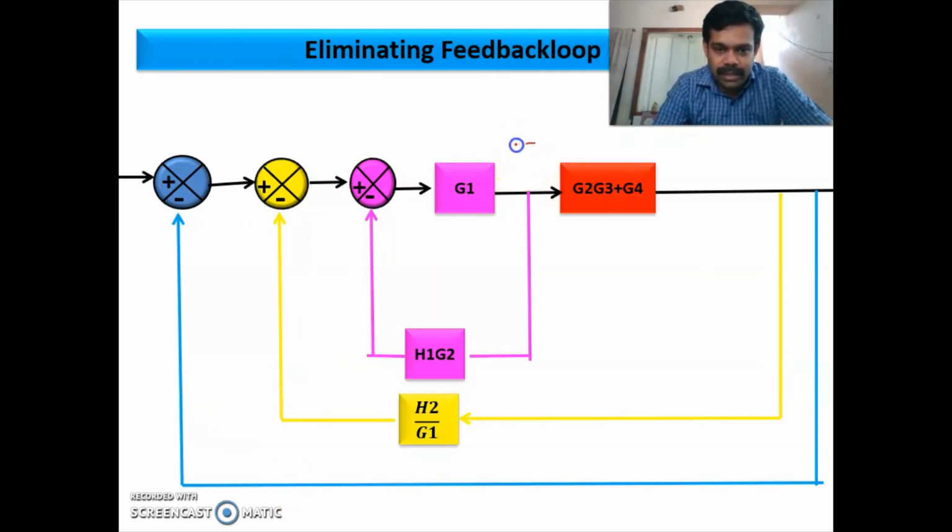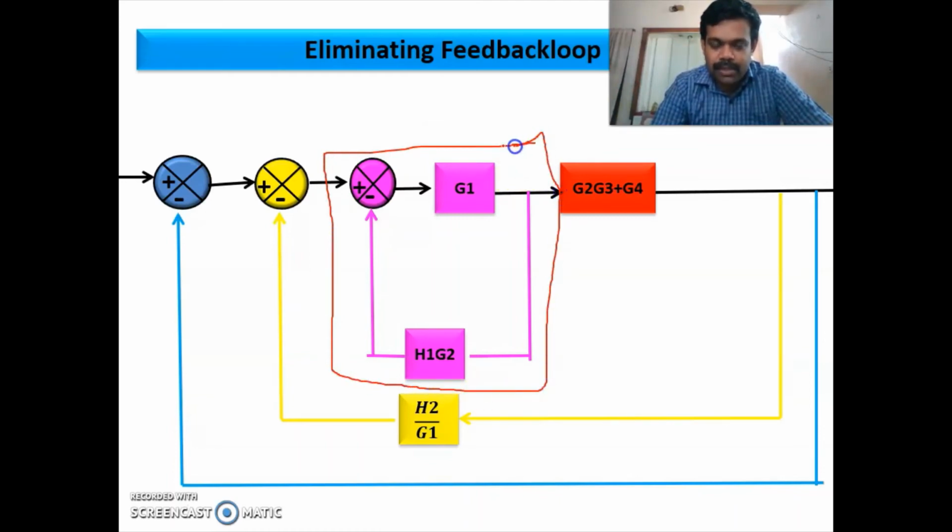So first you are having one feedback loop like this. It is a feedback loop, and the type of feedback is negative feedback. So we can reduce this feedback loop into one block. Or we can eliminate this feedback loop and replace it by one block.